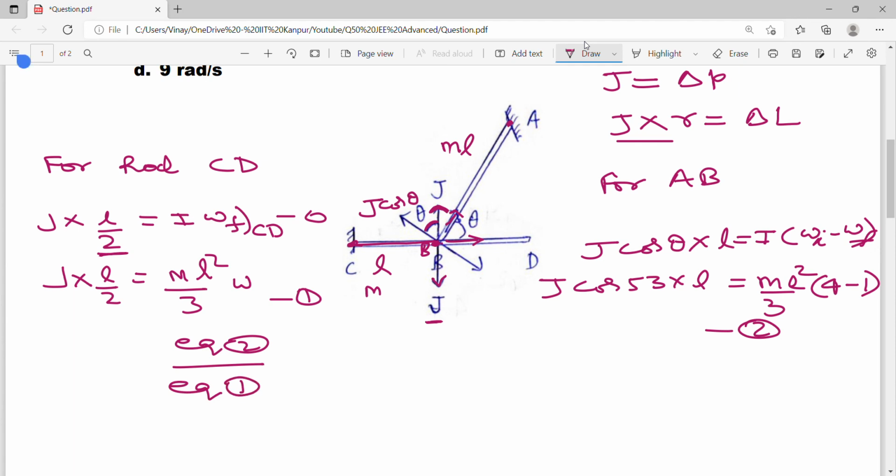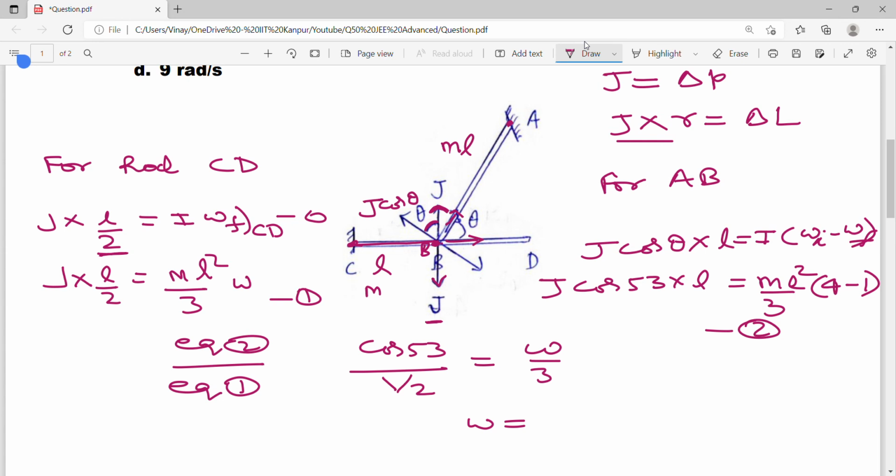Cos 53 upon 1 by 2, this you would get on the left hand side. On the right hand side, what will you get? Omega by 3. Did I make any mistake? Oh, this would be 3 by omega.